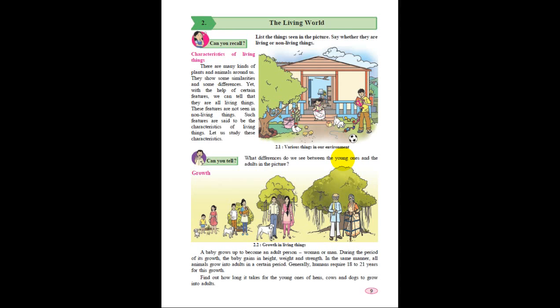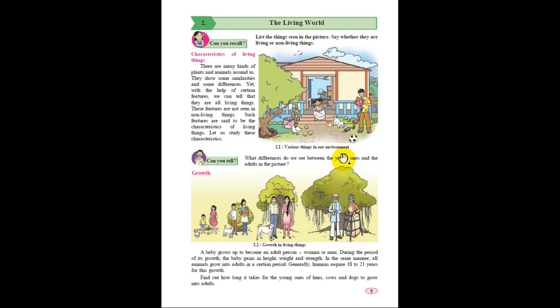What we can observe in this picture is that mainly there are two types of things: non-living and living things. Now, what are non-living things? How do we identify a non-living thing?